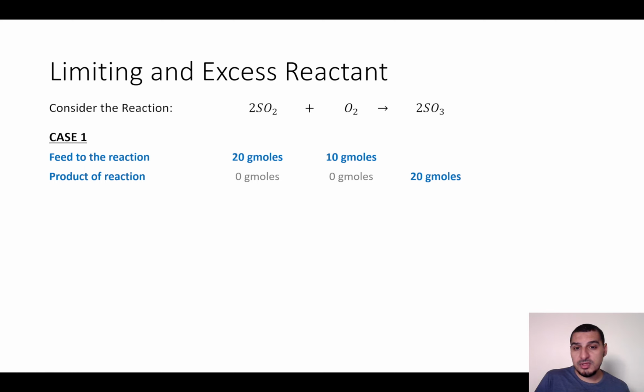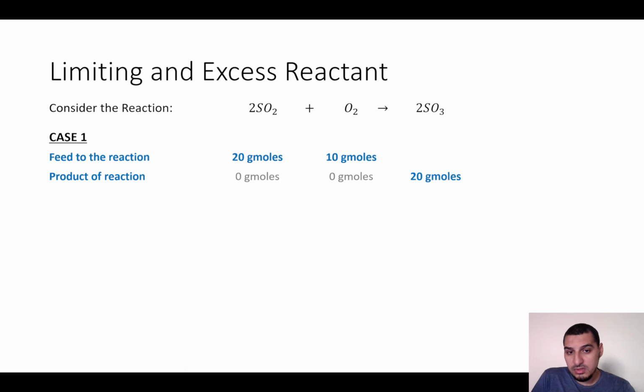And this is because the sulfur dioxide and oxygen are fed with the same stoichiometric ratio. So it's 2 to 1 here, and this is 2 to 1 here as well. So in this case we have only SO3 in the product, meaning that if we put the 20 gram moles of SO2 and 10 gram moles of oxygen in a container, let's say a beaker, and we closed it and we let them react until all of the reactants are consumed, we will end up with a beaker filled only with 20 gram moles of SO3.